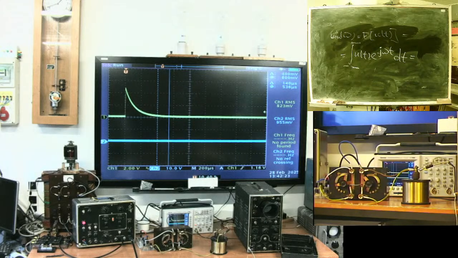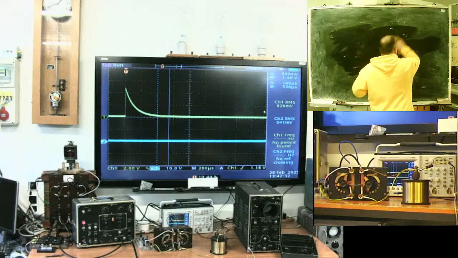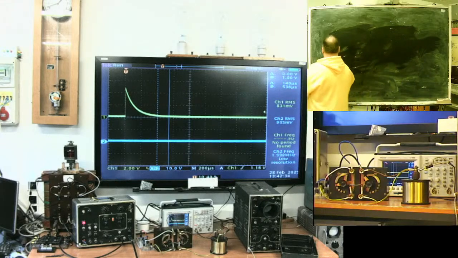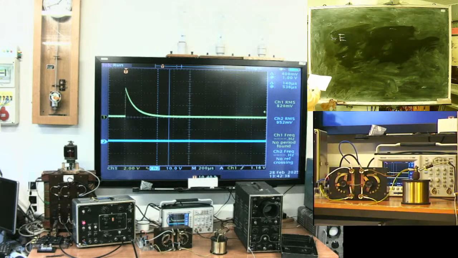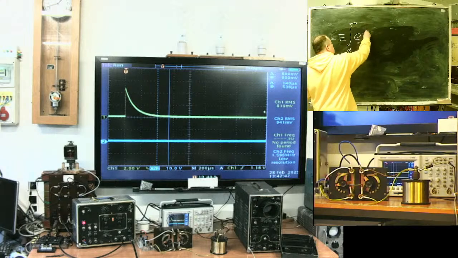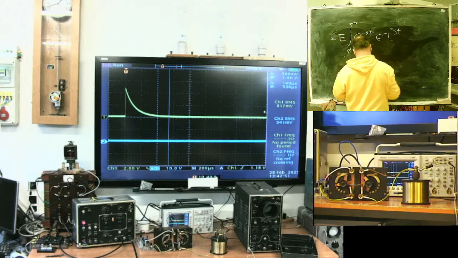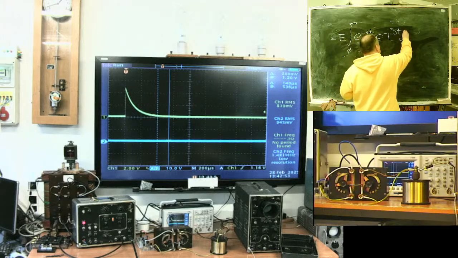What will I get? It equals E, in my case 5 volts, integral from 0 to infinity, e to the power minus alpha t, e to the power minus j omega t, dt.